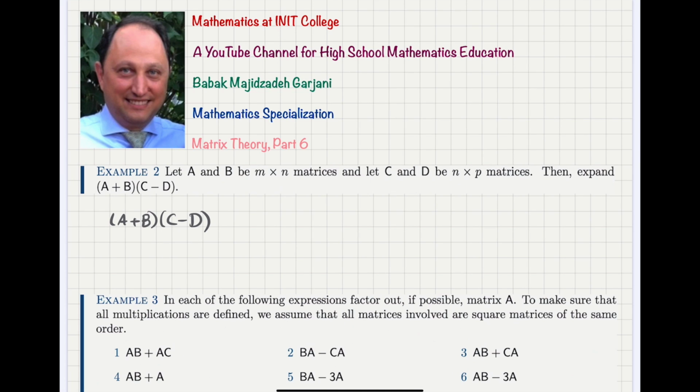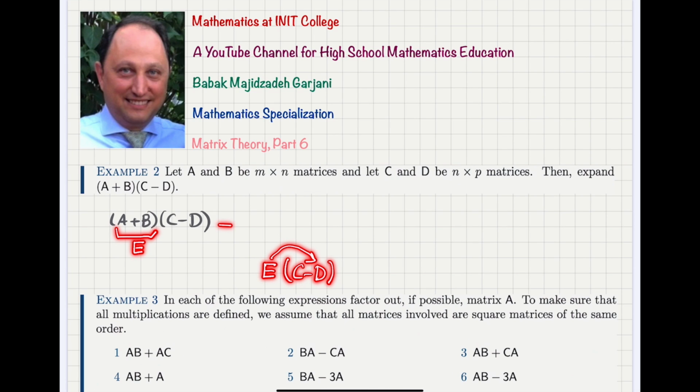So let me say what we can do. For example, you can consider this matrix E in your head, and then you will face E times (C minus D). So I am using the first version, distribution from the left, okay?